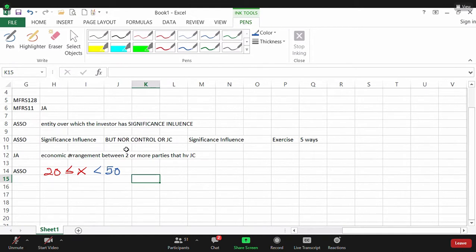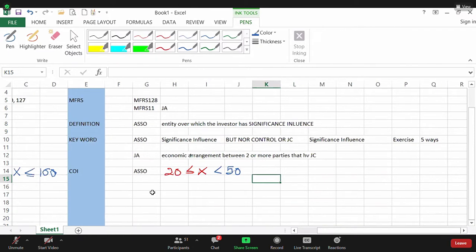And then the keyword for this one is joint control, which is you work together to have joint control. So the keyword, you can go to 14.3 and 1. Parties agree to share the control.